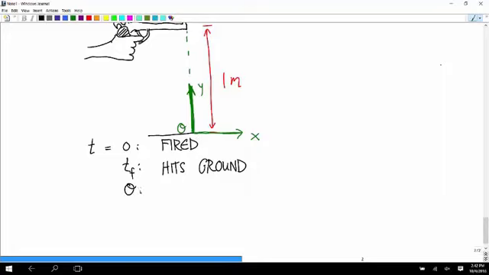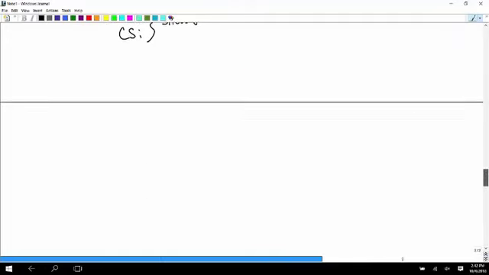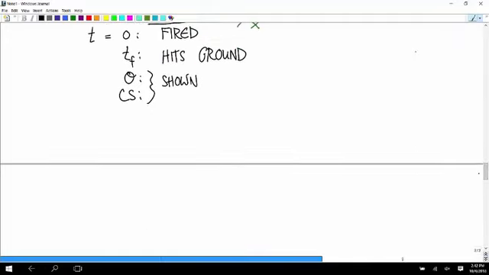So the origin location and the coordinate system orientation are shown in the picture. Now the second step is we have to go through, now we have 13 variables we have to think about. We go through the list of variables, figure out what we know and what we want.